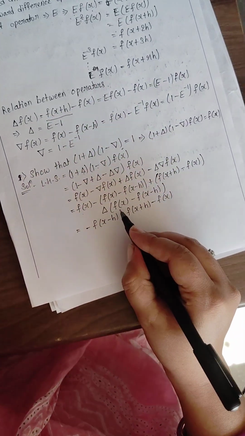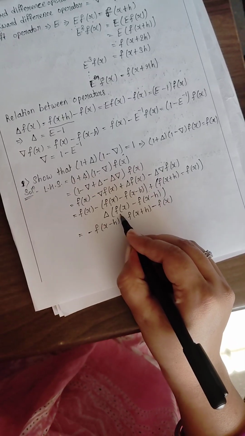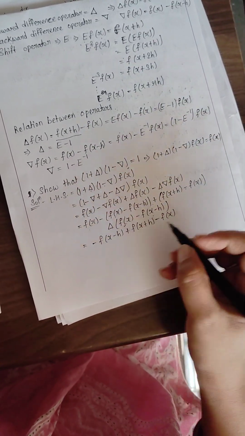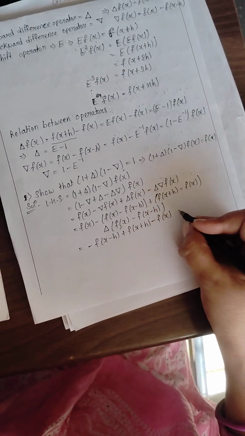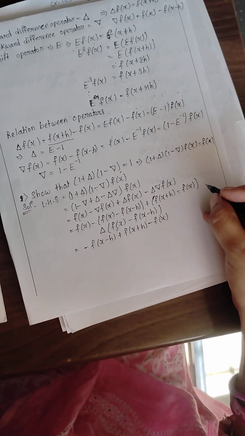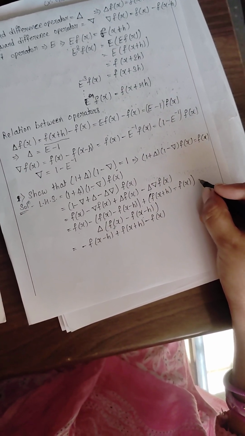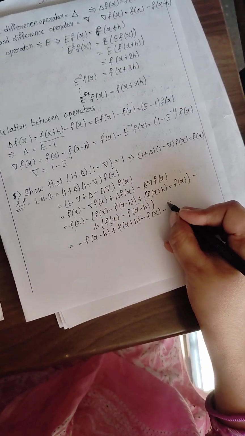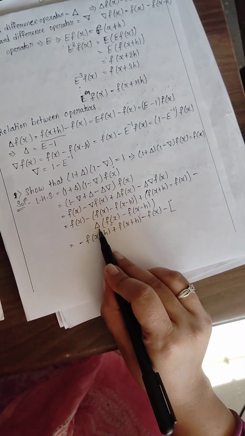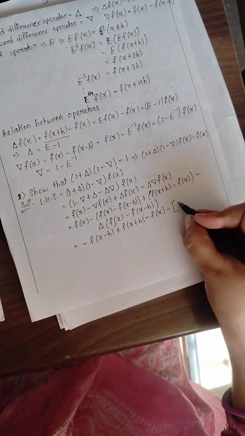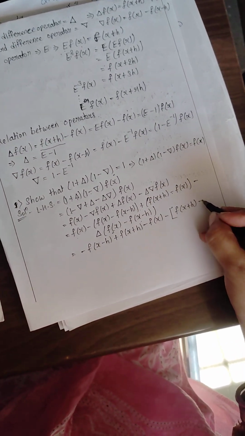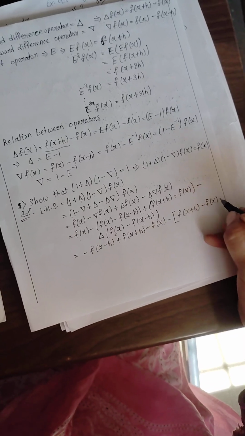Now this forward operator will operate on this f of x as well as this one also. To operate it on this, in between we have the minus sign. So minus, in bracket, we have the forward operator of this function, that will give you f of x plus h minus f of x.